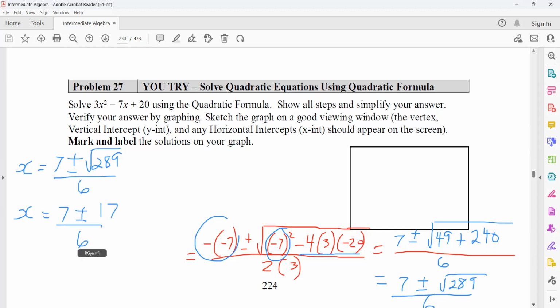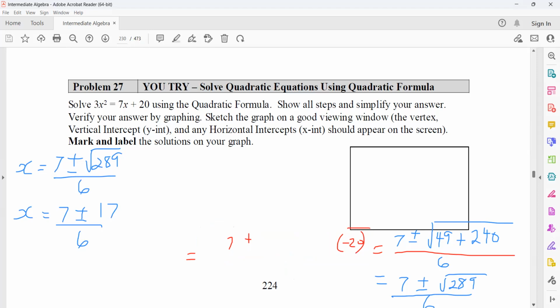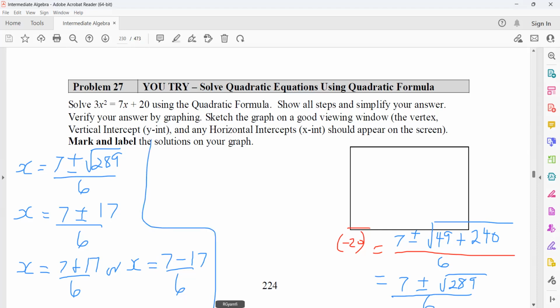So we have two options. It's either x is equal to 7 plus 17 over 6, or x is equal to 7 minus 17 over 6. So x equals 24 over 6, or x equals negative 10 over 6.